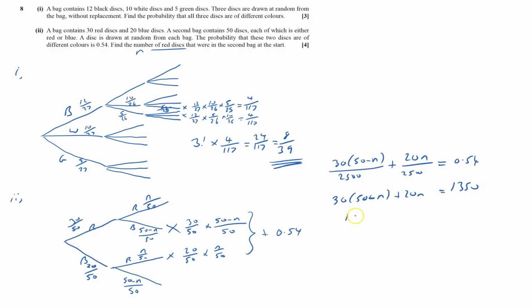So that gives me 1500 minus 30N plus 20N equals 1350. Collecting on the left, minus 10N, so I'm going to put 10N on this side. Take that away, that's 150, and so N equals 15.